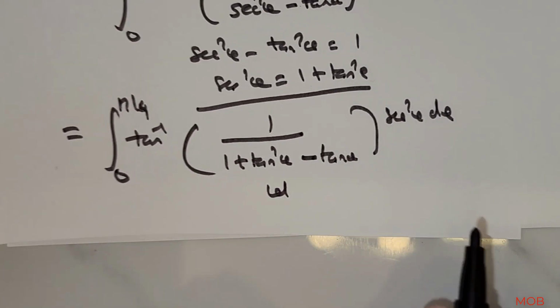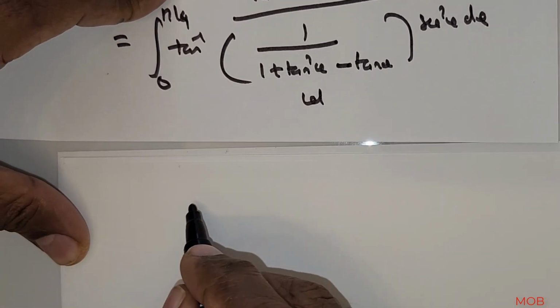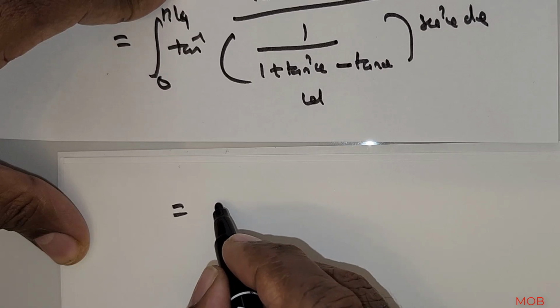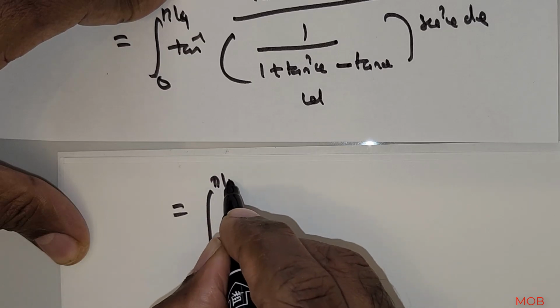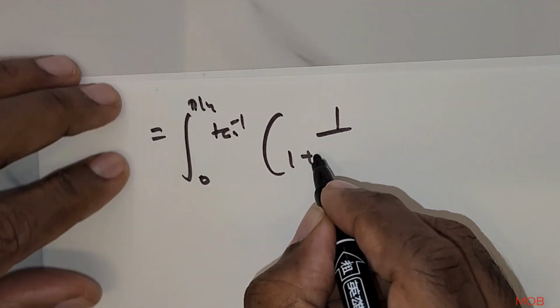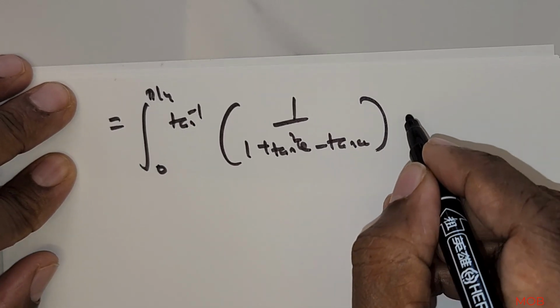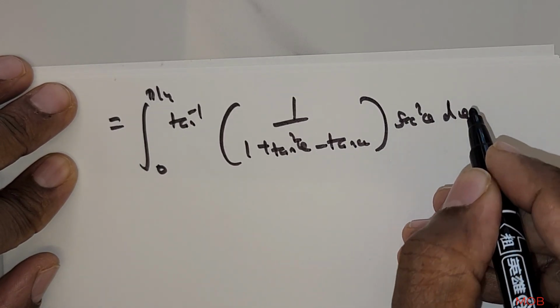Now let us make the following substitution. We have the integral 0 to pi over 4 of tan inverse of 1 over 1 plus tan squared theta minus tan theta, times secant squared theta d theta.